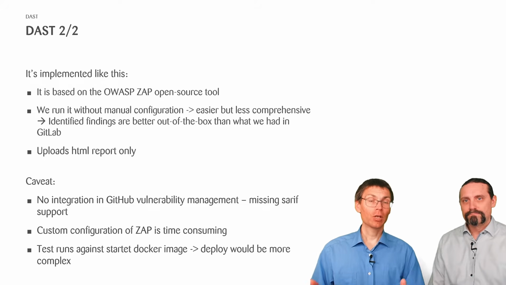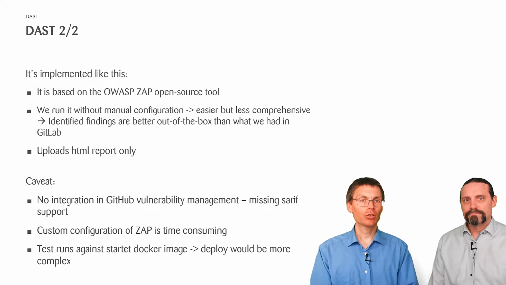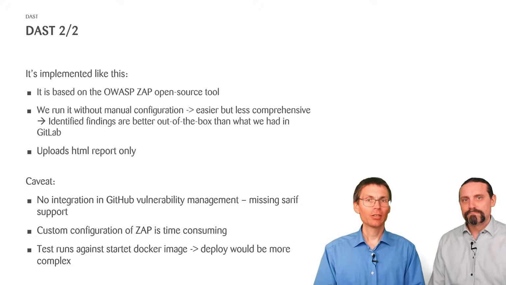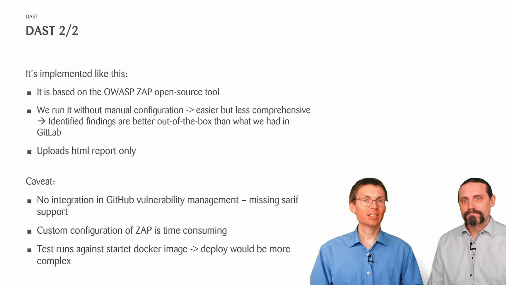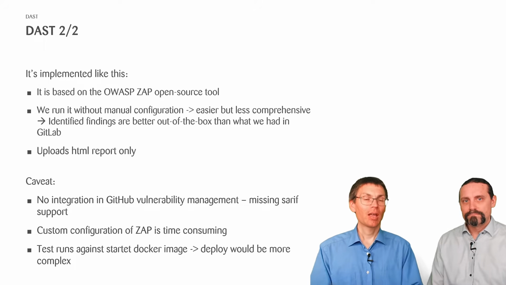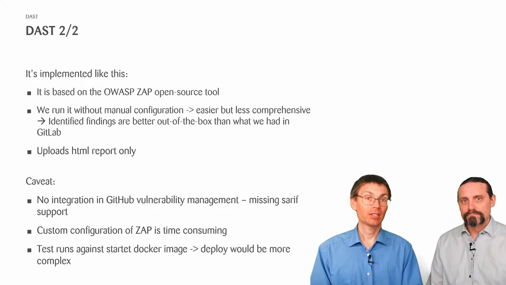As mentioned, we also did not customize the ZAP configuration, which means findings are more like random. Plus, we decided to run the tests against a Docker container or a Docker image running and started within the pipeline and not deployed on Azure, for example, as a standalone web application.